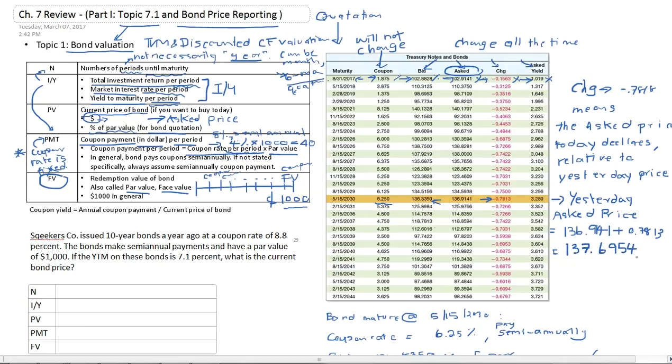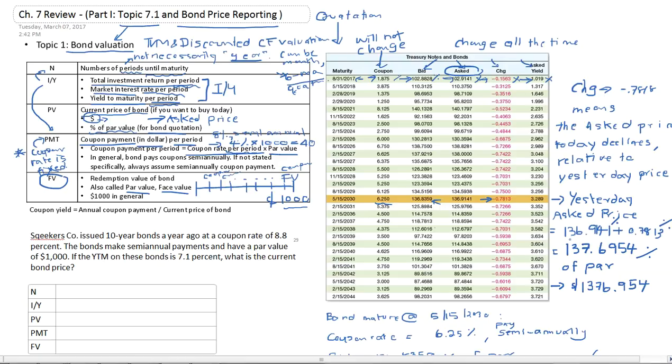And again, everything here is percent. So it's percent of what? Percent of par. So yesterday's price is equal to $1,376.954. That's yesterday's ask price.